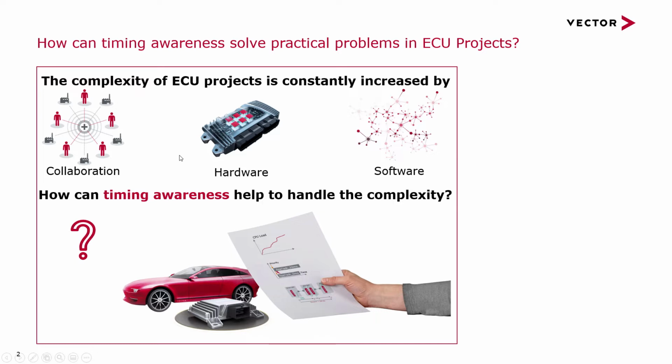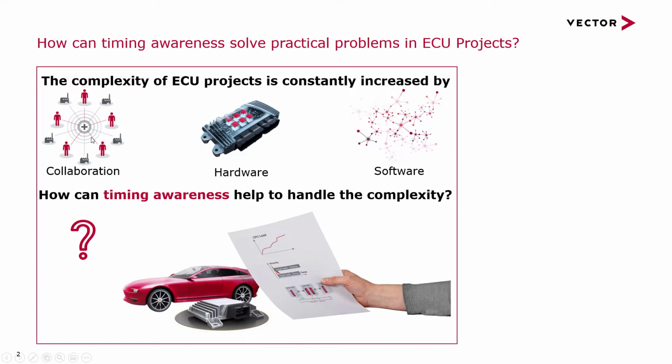Additionally, we also have a change in the way the collaboration works within the automotive industry. In the past you had single ECUs providing single functionalities, and they were provided by one tier one. This changed.